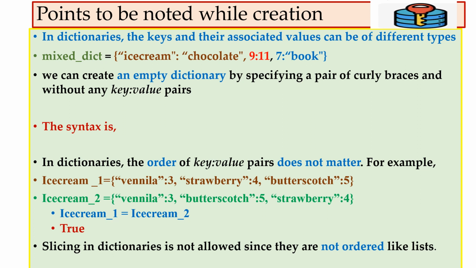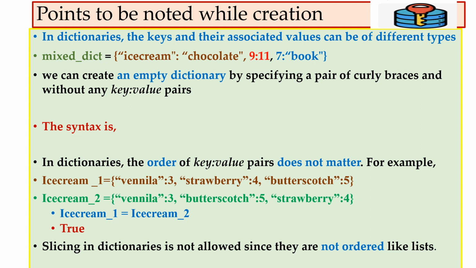So this could be of any type. When we combine key value pairs, they need not be of similar types. And we can also create an empty dictionary without any key value pairs enclosed in the curly braces.